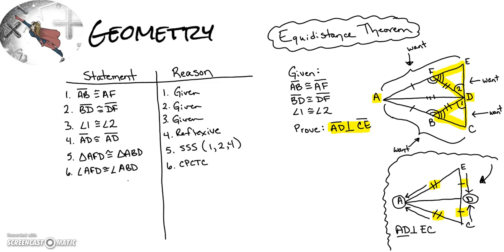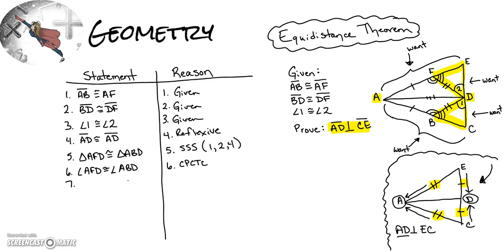Now, step 7, I was already pointing out how that will automatically get us that angle EFD is congruent to angle CBD. And it's going to be because of subtraction.